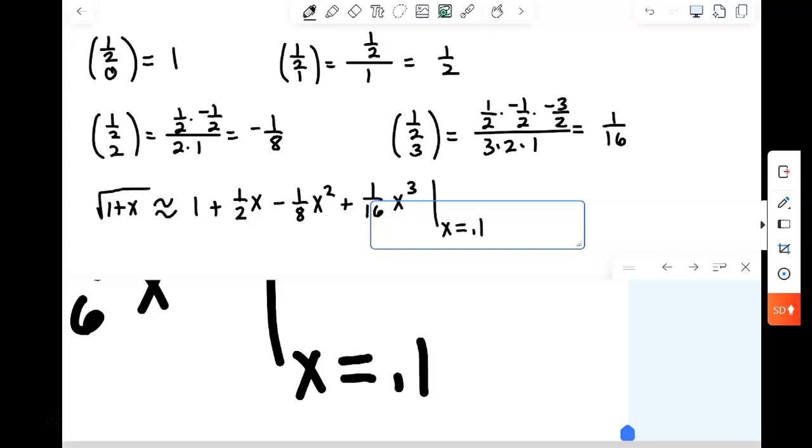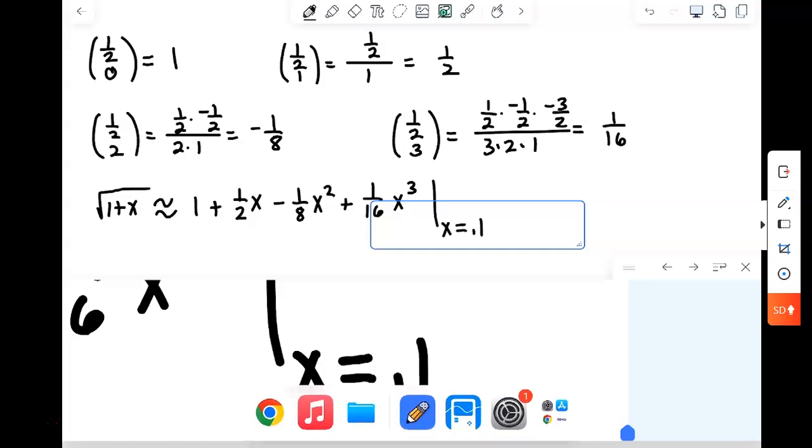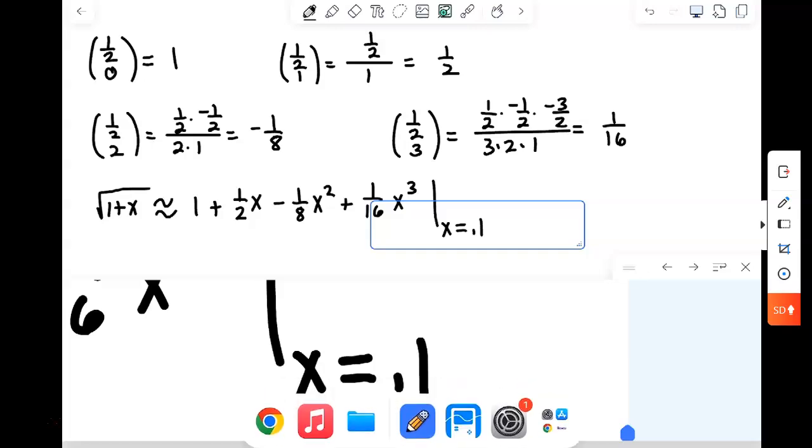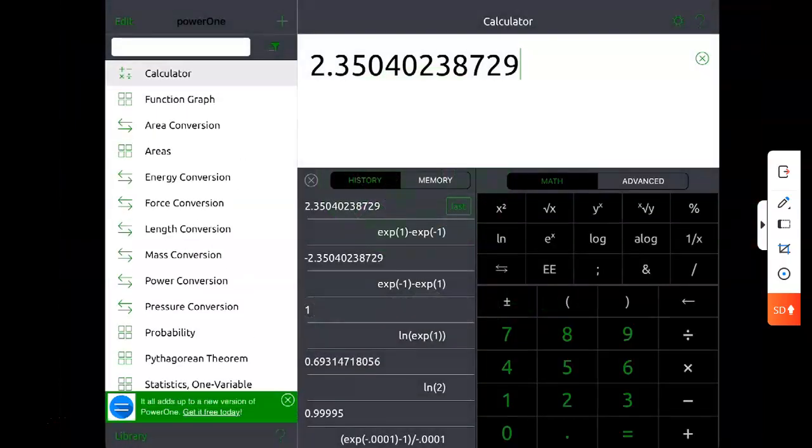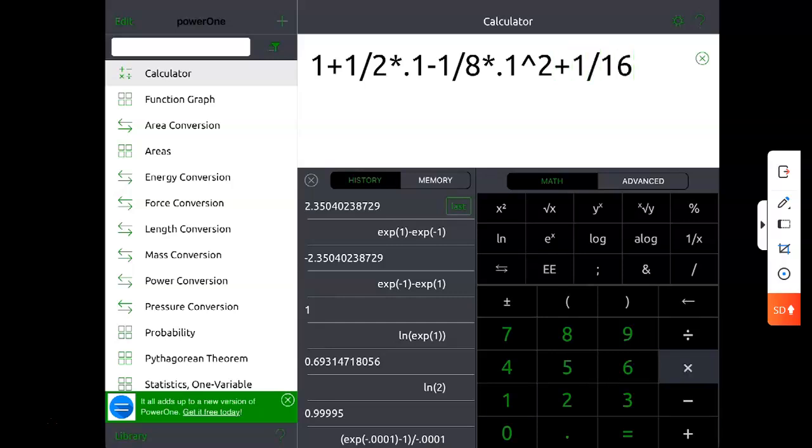Go to that expression, plug in 0.1, and then we're going to go back and compare that to our result. So bring up my calculator here. 1 plus 1/2 times 0.1 minus 1/8 times 0.1 squared plus 1/16 times 0.1 now raised to the third power.